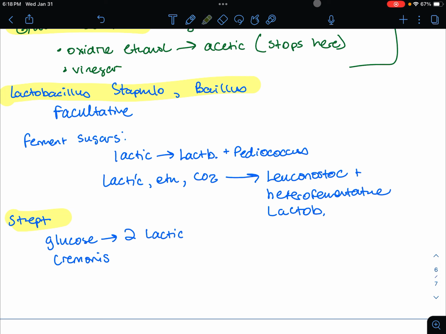This is a species, also known as Lactococcus lactis subspecies Cremoris. That's the new name of it. This is going to be, again, hard cheese like cheddar, or soft cheese such as camembert.